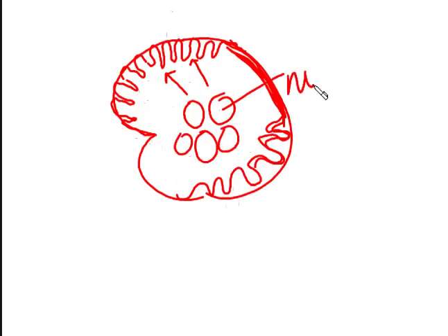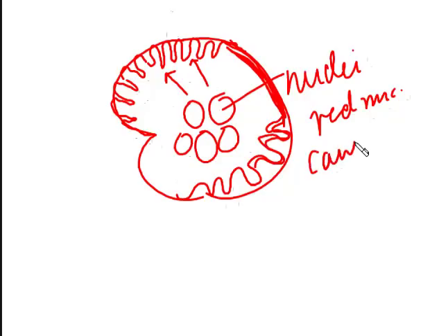And many of these nuclei have names within the brain. For example, you'll have a nucleus which is called the red nucleus, and then you have something known as caudate nucleus. You have another nucleus which is given the name of thalamus. So you have many of these which have been given names, and that's what we are looking at over here.